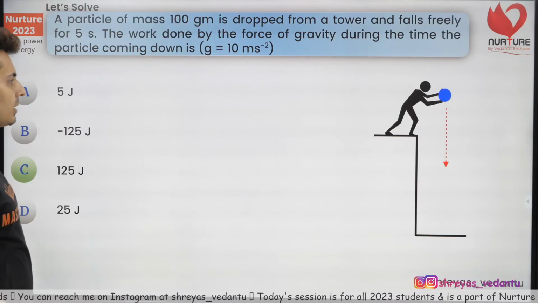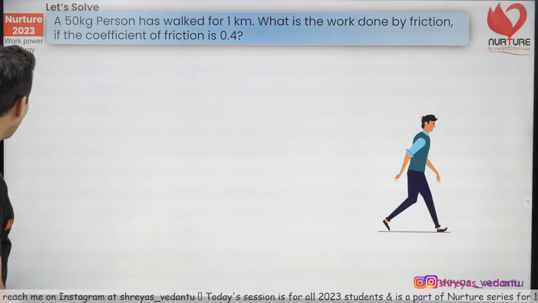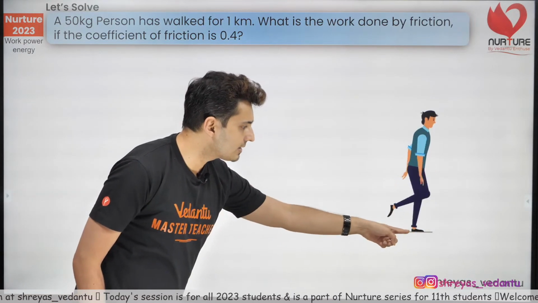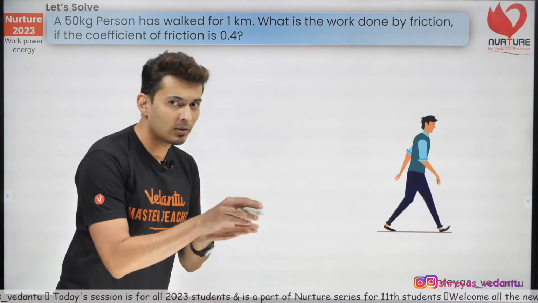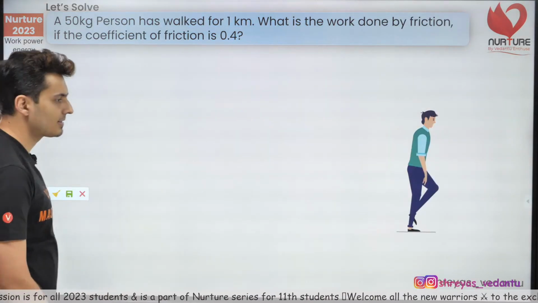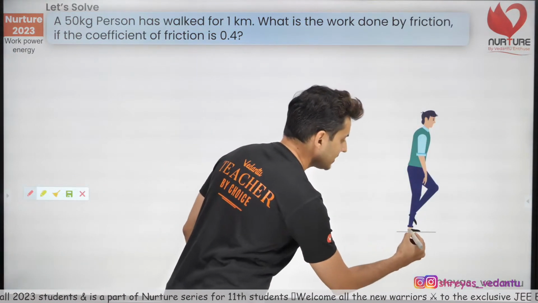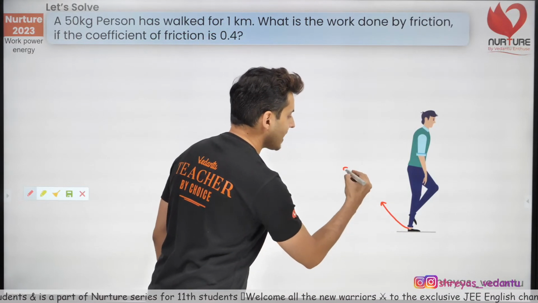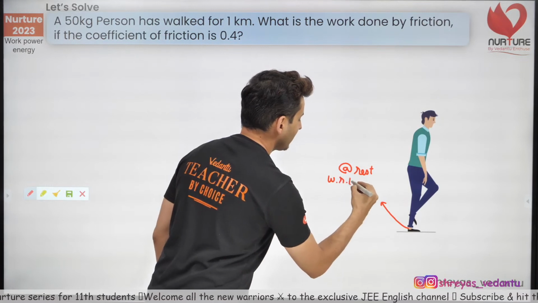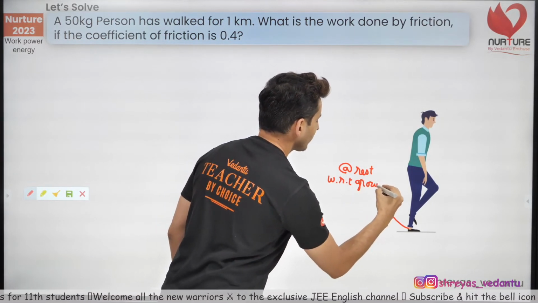Now, let me go back to this problem. Observe his motion. Whenever he touches his feet on the ground, there will be friction. But his foot never slides. This foot is at rest with respect to the ground.